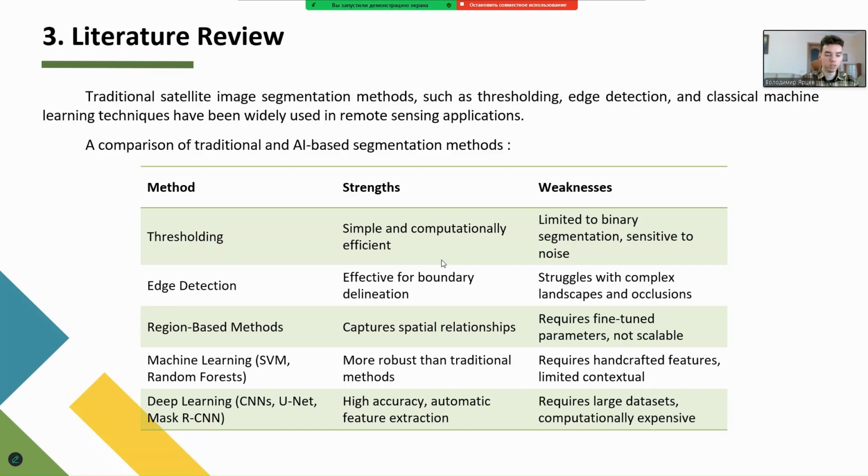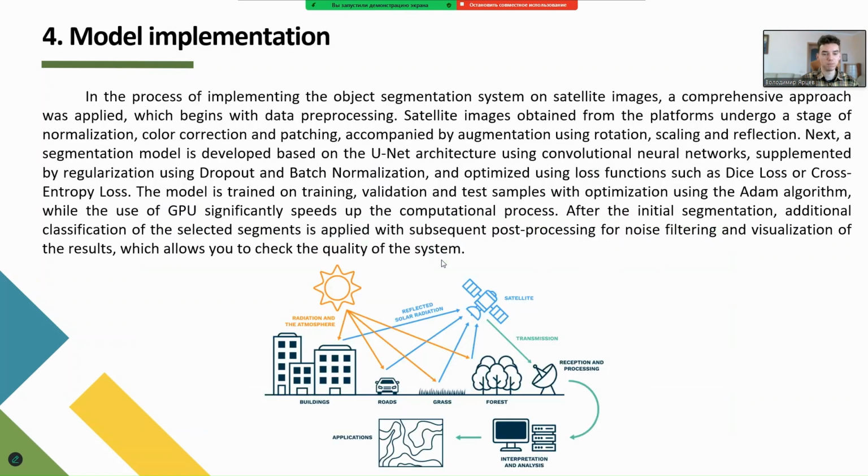Deep learning, like CNNs, UNet, Mask R-CNN, offers high accuracy and automatic feature extraction, but requires large datasets and is computationally expensive. In the process of implementing the object segmentation system on satellite images, a comprehensive approach was applied, which begins with data preprocessing.